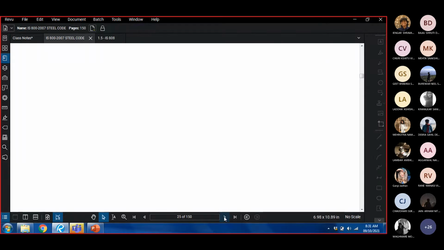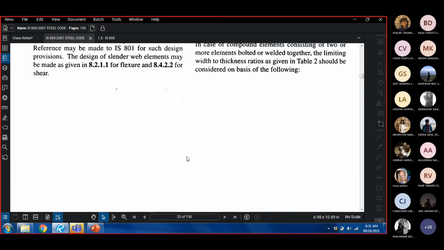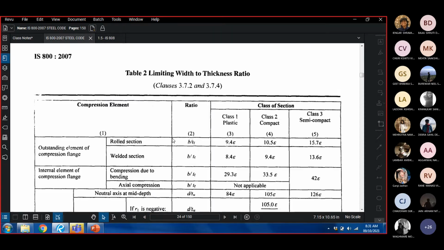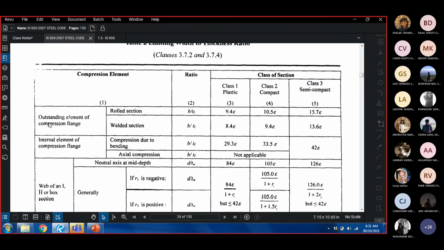Now our section is an I section. So we are going to look at the dimensions that are given in this sketch. First, we have to look at the flange. So this is the outstanding element of a compression flange. And this is a rolled section. So this is not a welded section, or a built-up section. It is a rolled section that is manufactured.